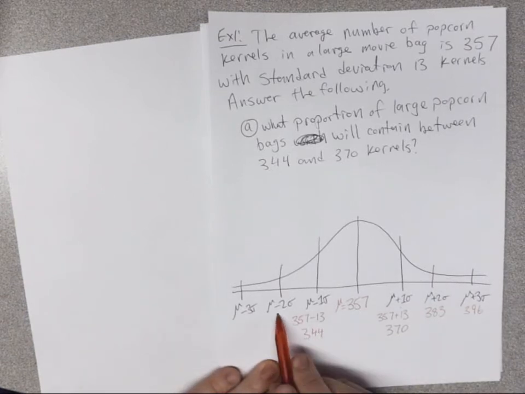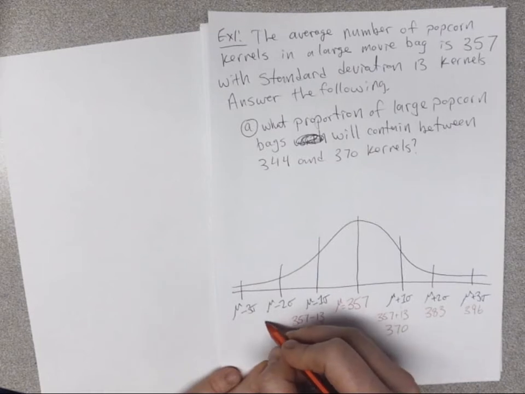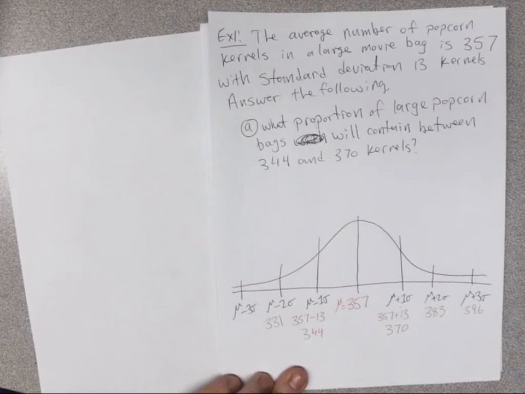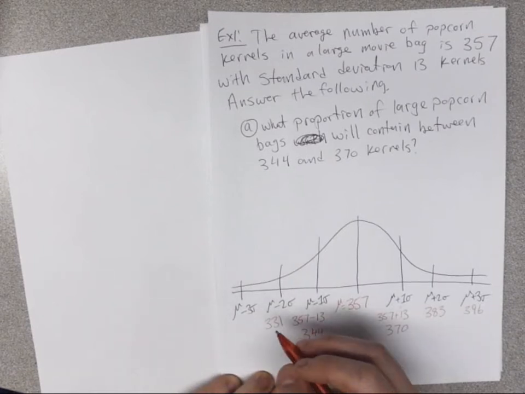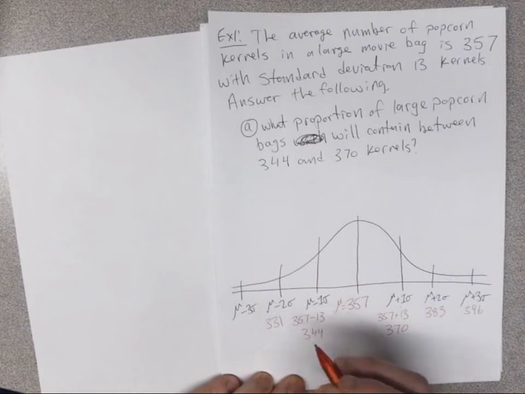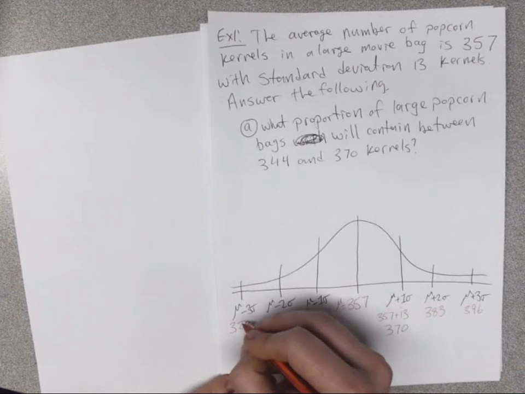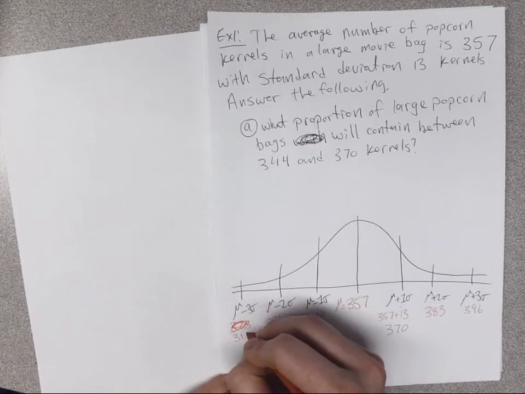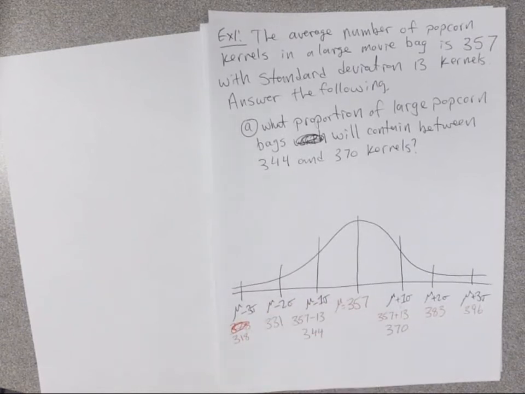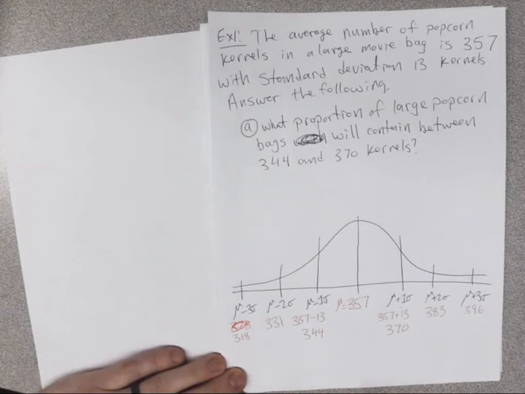Subtract 13 from this one, and you get 331. And then go backwards one more. Here you get 318. Oh, 318, sorry. All right, so now we have our values here.